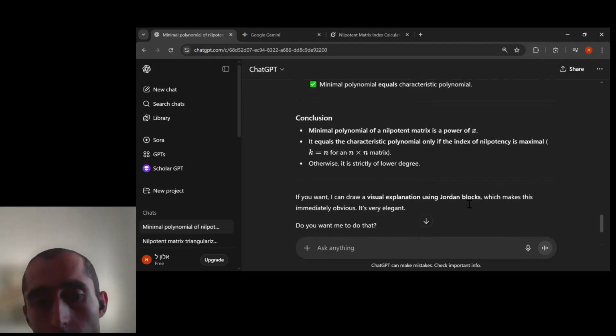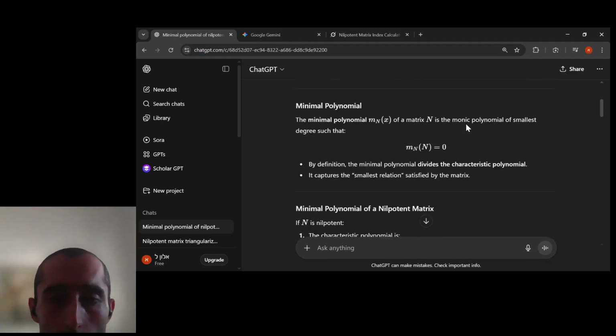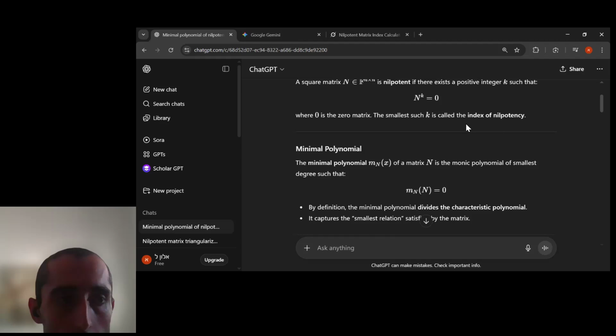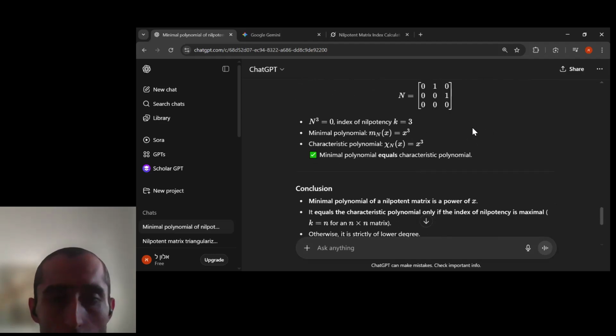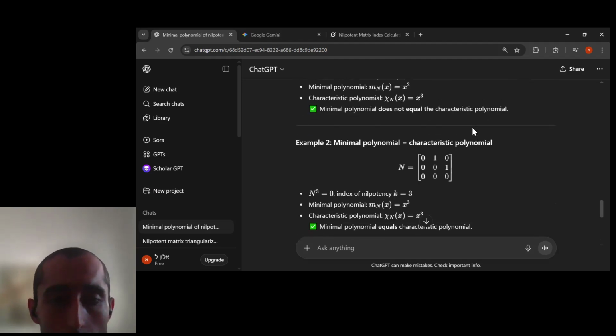You can see that the minimal polynomial of a nilpotent matrix doesn't have to be the same as the characteristic polynomial, because the power in the characteristic polynomial may be larger.